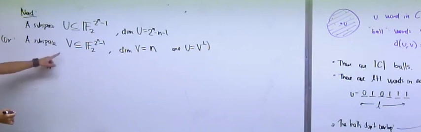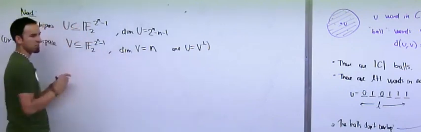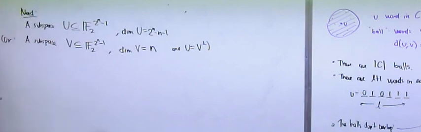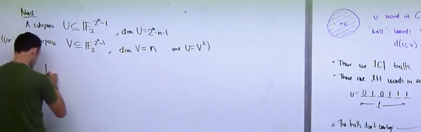So what I want now is to build an n-dimensional subspace of this space. And I'm going to show you that actually we don't have a lot of freedom here. How do you build a subspace? Well, let's pick some generators. What are the generators going to look like?